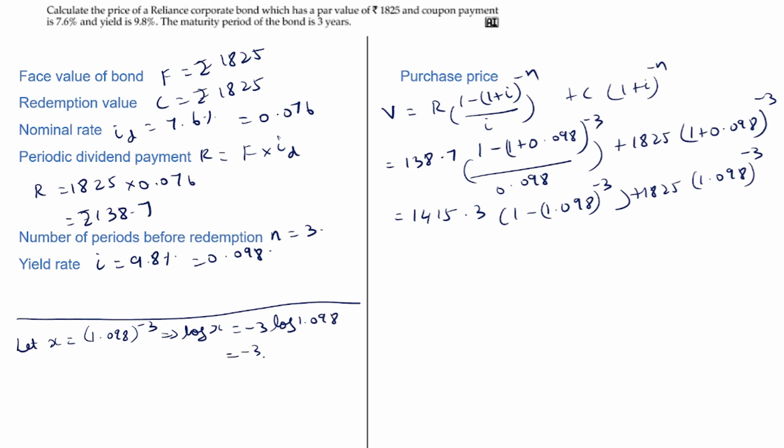So log 1.098 is 0.0406, into minus 3 will be minus 0.1218. Here we can add and subtract 1, minus 1 plus 1. So we get bar 1 point. Here the characteristic part will be negative. The mantissa part will be 1 minus 0.1218.